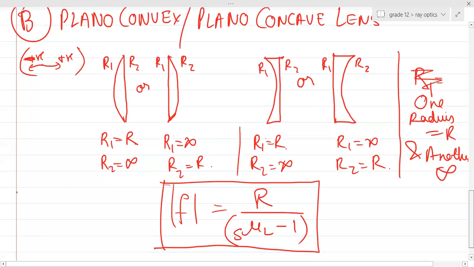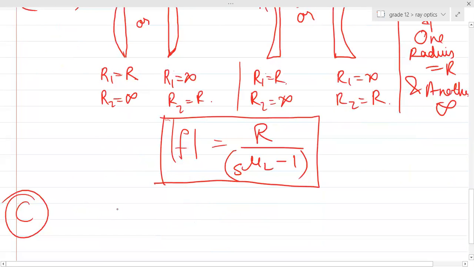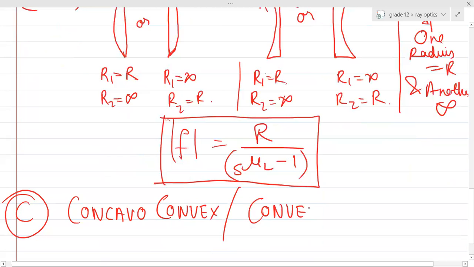The last one is a concavo convex or a convexo concave lens.